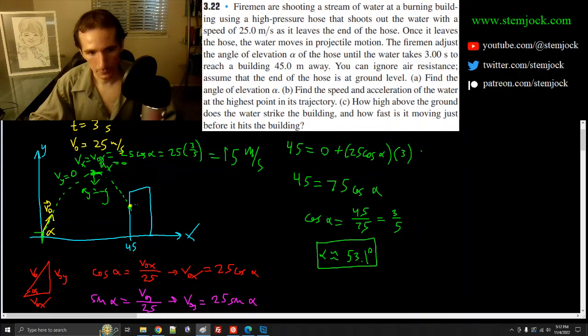What we're looking for is the height, which is y max, as well as the velocity vector v. Let's go ahead and consider the vertical motion.